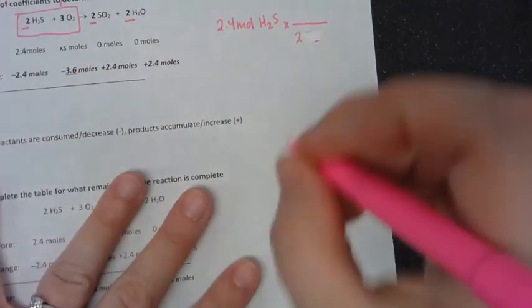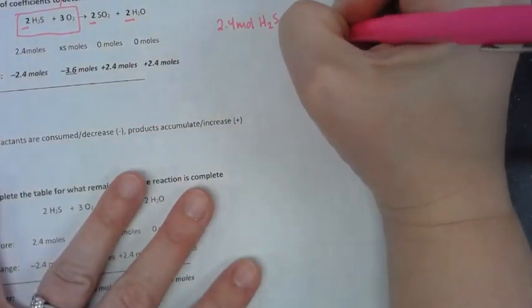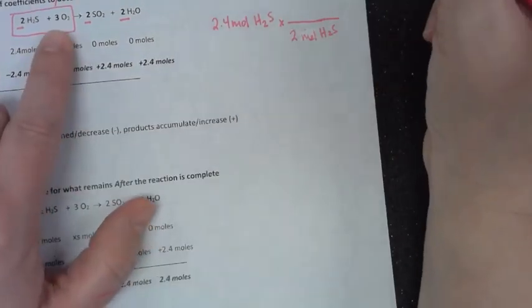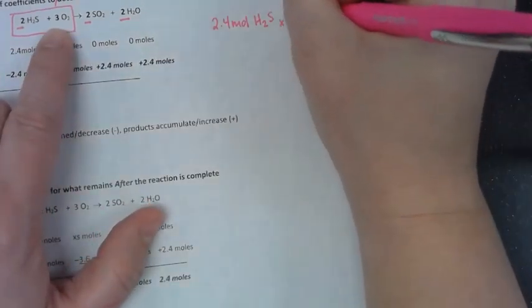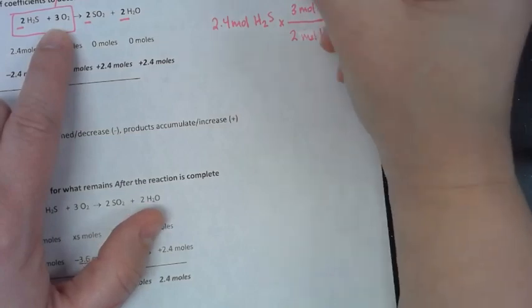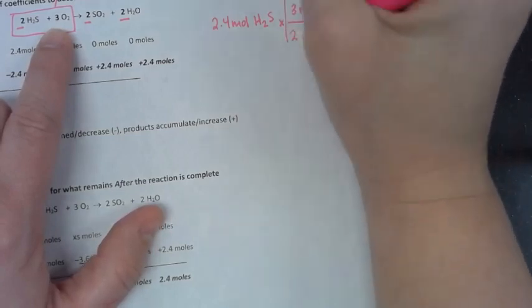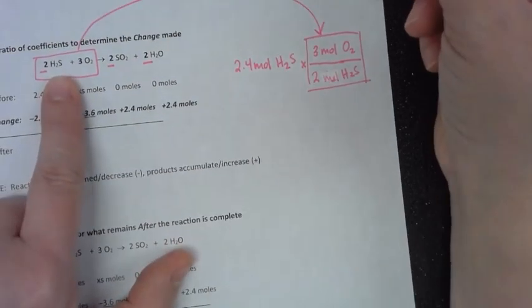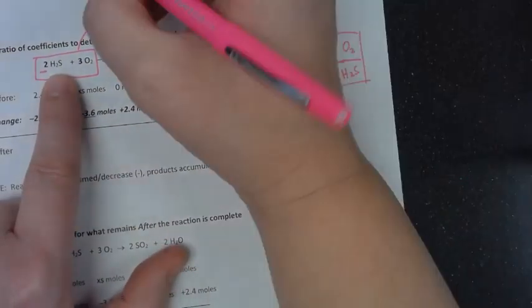For every 2 moles of hydrogen sulfide, we're going to use 3 moles of oxygen. So this conversion factor is coming directly from our coefficients in our balanced equation.